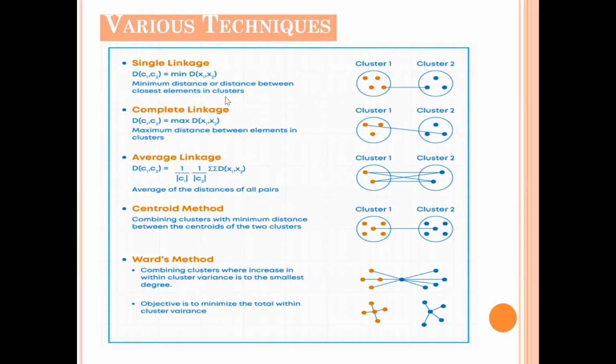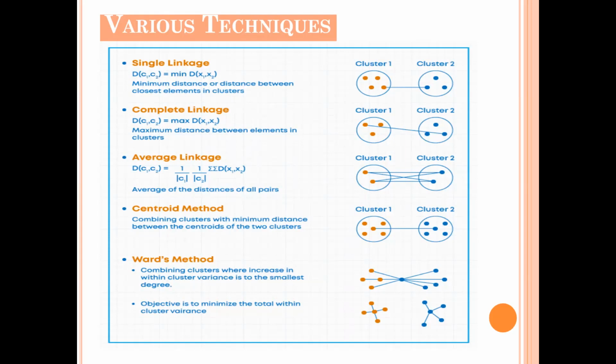You will have a matrix where the distances between the data points are given. There you will check which data point or cluster has the minimum distance. That would be my first cluster. And we will continue this process and finally reach one cluster. That's how single linkage works.